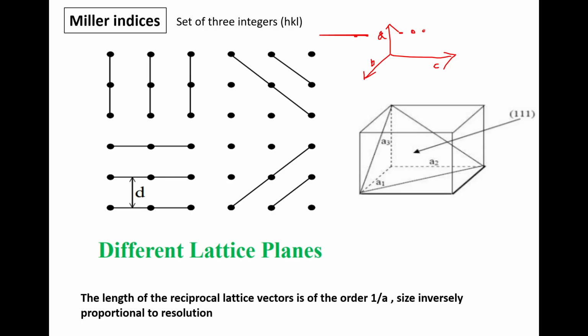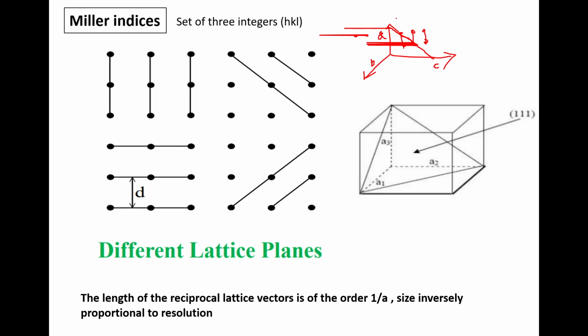Some of them will be parallel to your axes, like this. But some of them, if you connect these two points, the lattice plane formed by these two points will cut your A and C axes at some points, and also your B axis. I am drawing this in the AC plane, but your crystal is 3D, so imagine this scenario in 3D space.